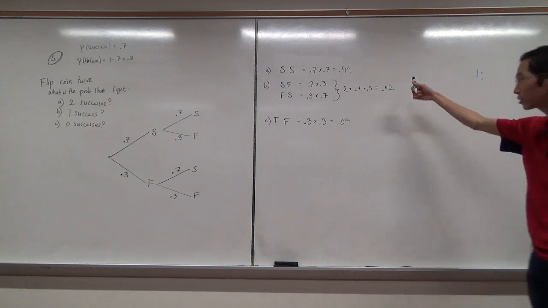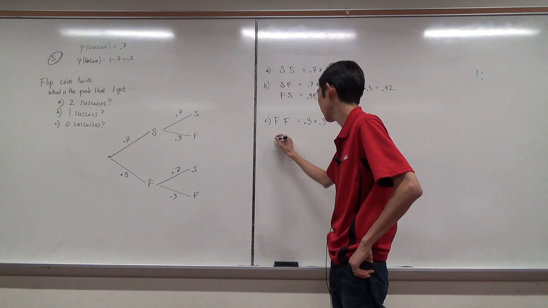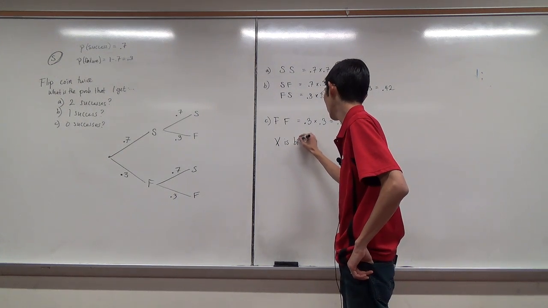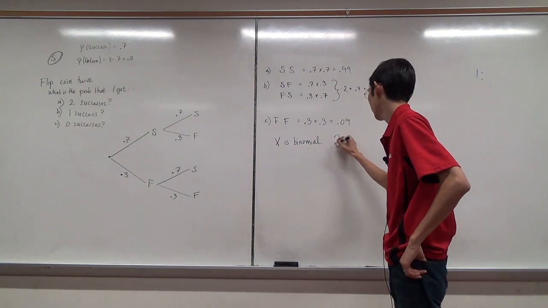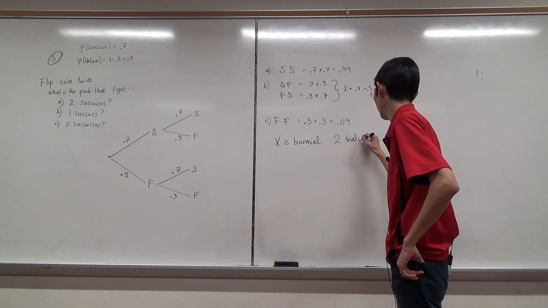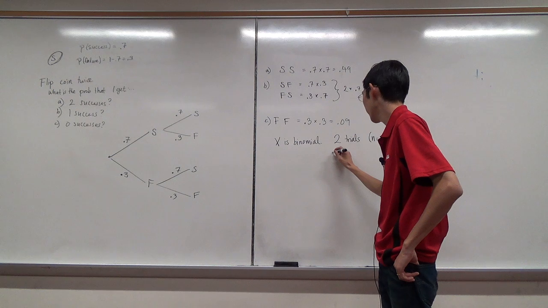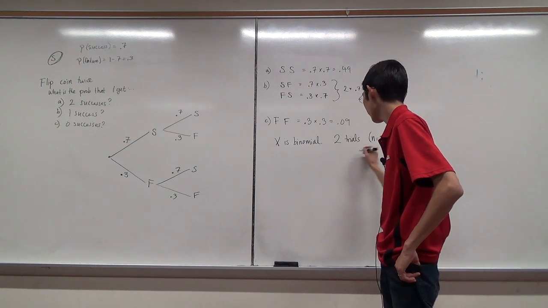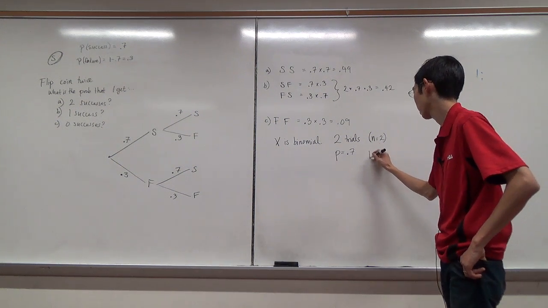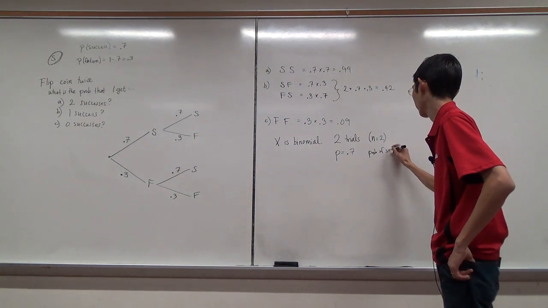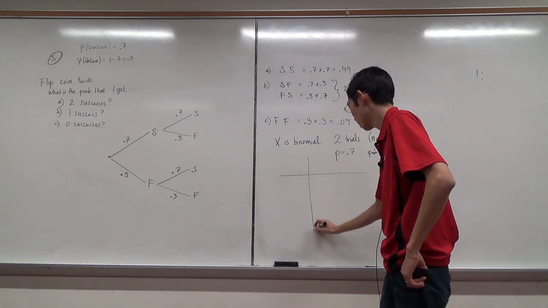Okay, and so this would be my probability distribution. We would say X is binomial, and we're going to say 2 trials, or we say n is equal to 2. That means I'm flipping the coin twice, and then p is equal to 0.7. This is the probability of a success. And the probability distribution would look like this.